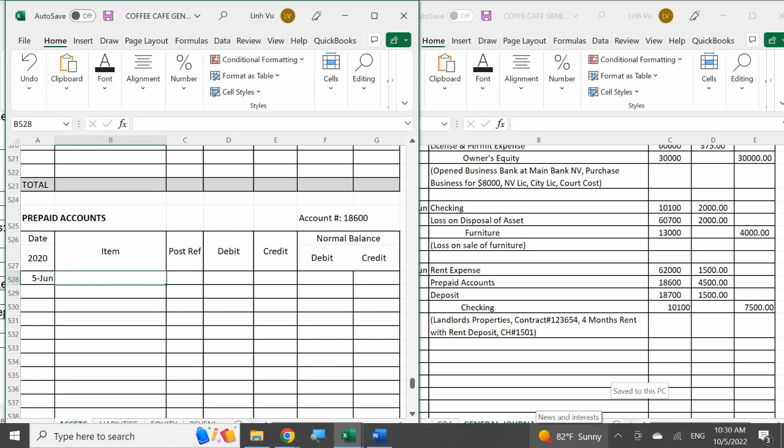Advance payment for rent. Okay? How many months did you pay? You paid 3 months. And it was $1,500 per month.